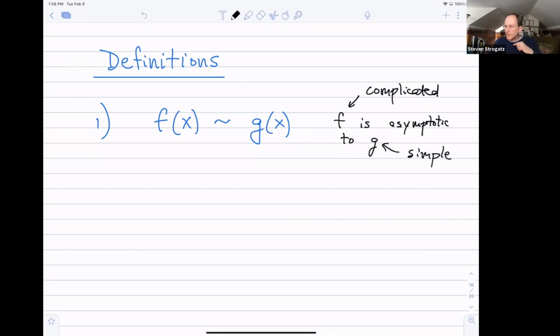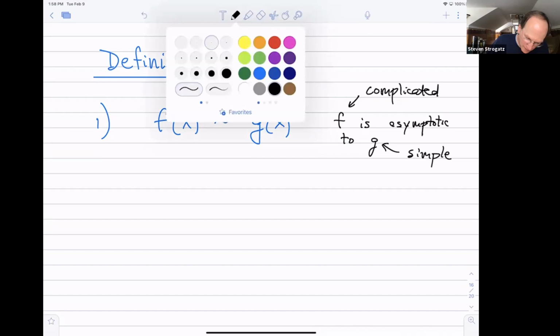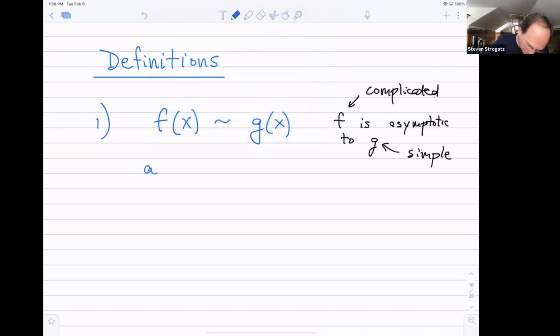And what it means to be asymptotic is, first of all, this is supposed to be a statement as some parameter approaches some base point x0, which in our example was x going to infinity, though we didn't really realize it.